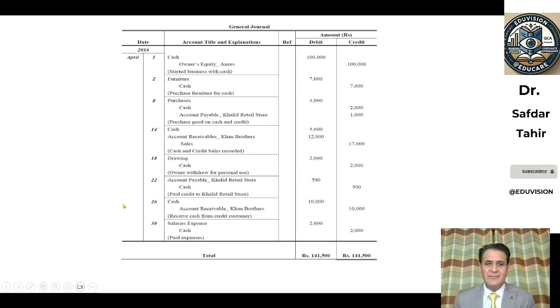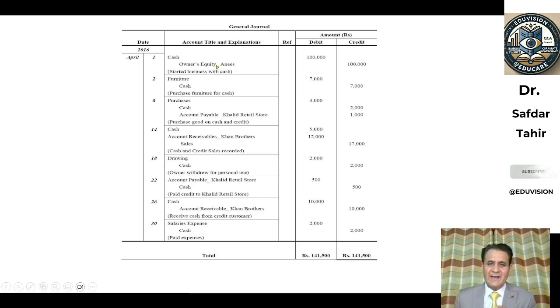When the month changes, you change that accordingly. If the transaction is on the 30th of April, and the next transaction starts in May, you change the word to May, and then similarly increase the date on which the transaction is recorded.